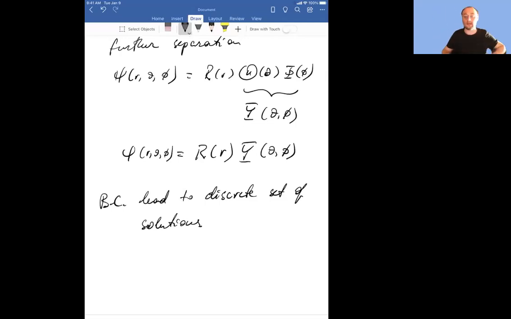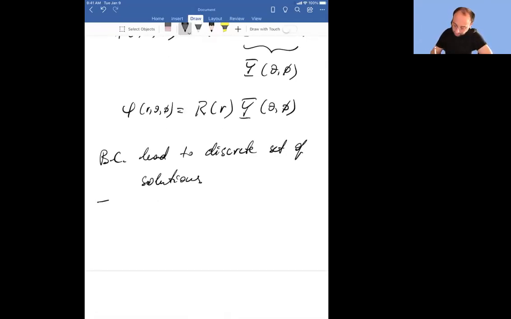Yesterday, we discussed the concept of quantum numbers. Quantum numbers are integers that enumerate discrete solutions. For a particle in a 3D rectangular box, there were 3 integers, nx, ny, and nz. And when we did the separation of variables, we saw that we could enumerate each well-defined energy state by a set of those 3 integers, nx, ny, and nz.